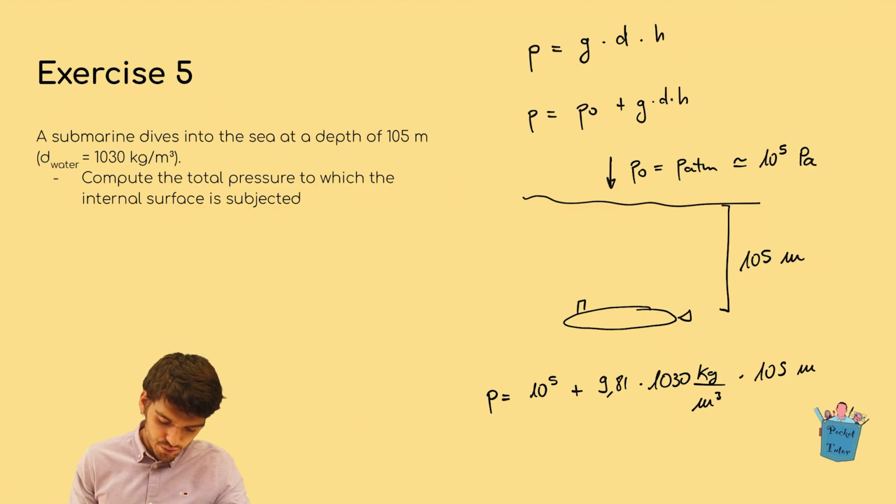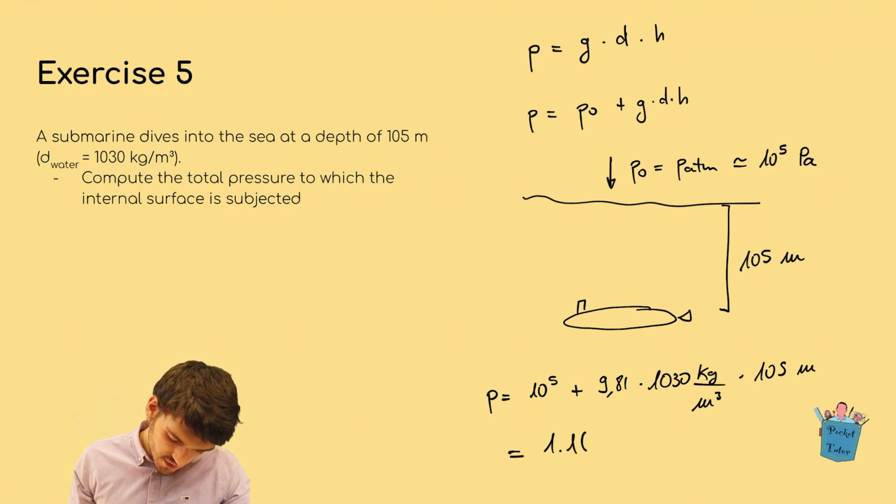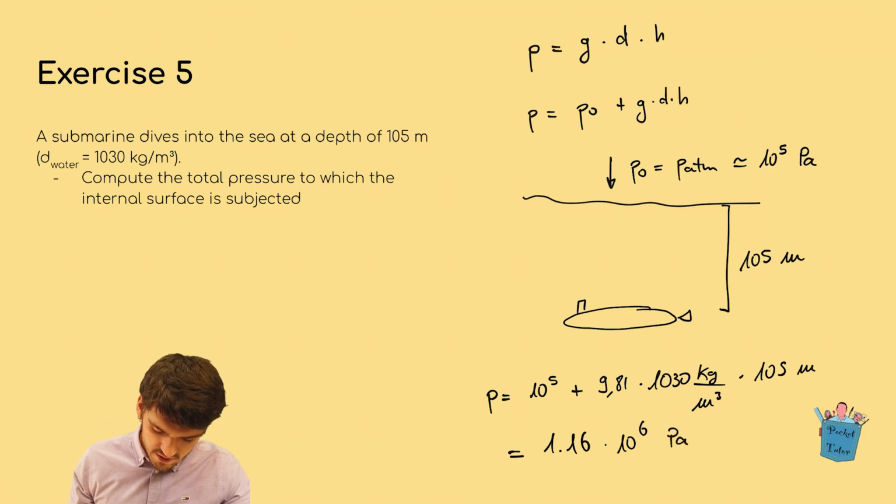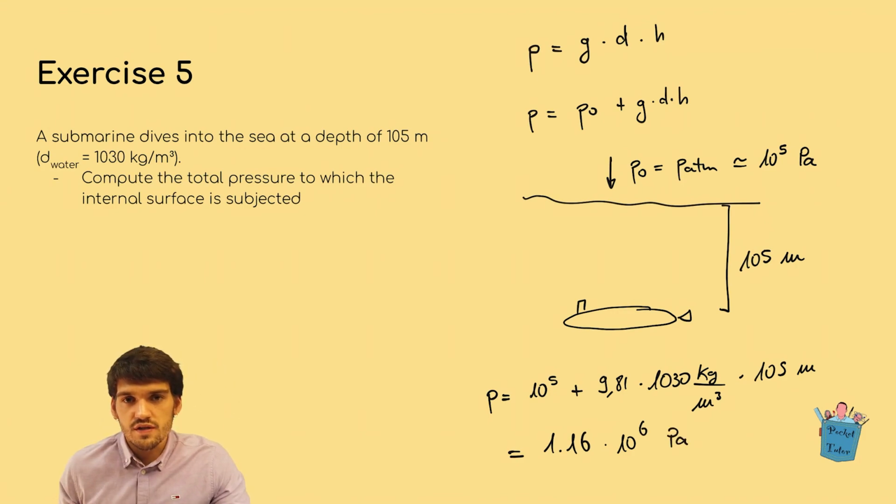And if we compute this calculation, we'll find that the total pressure is 1.16 times 10 to the 6th power pascals. As you can see, it's quite easy, you just have to remember one simple formula.